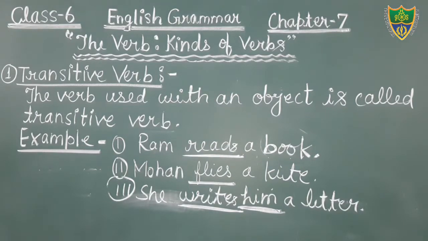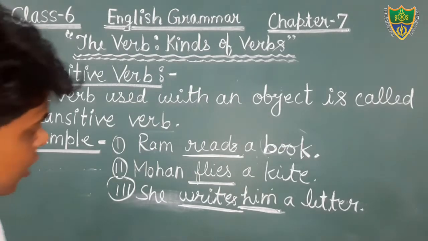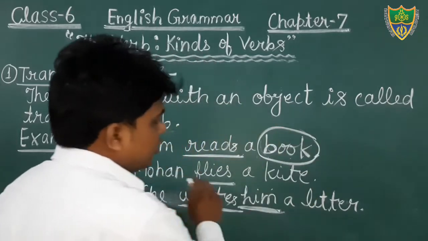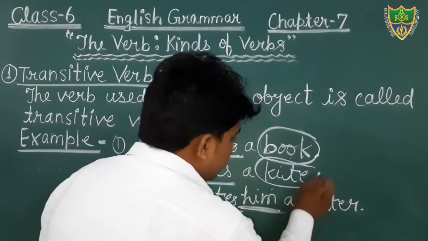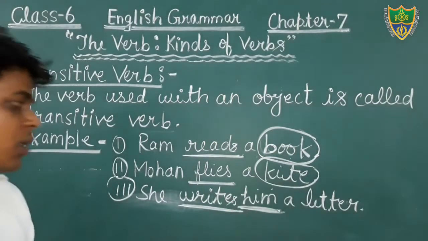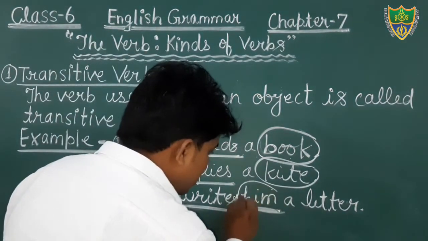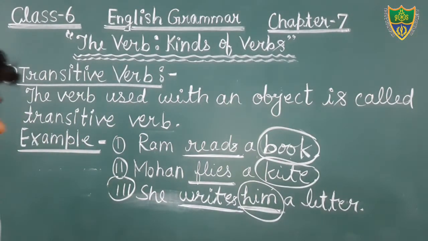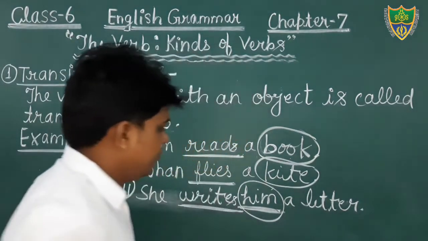What is a transitive verb? Just see, in this sentence, what is the object? The word kite is the direct object. And here the word him is the indirect object.